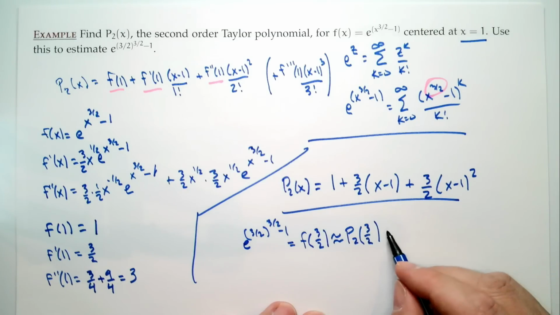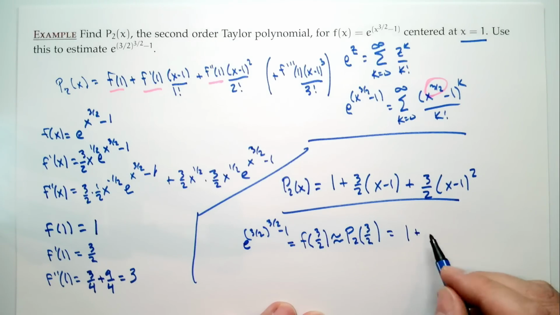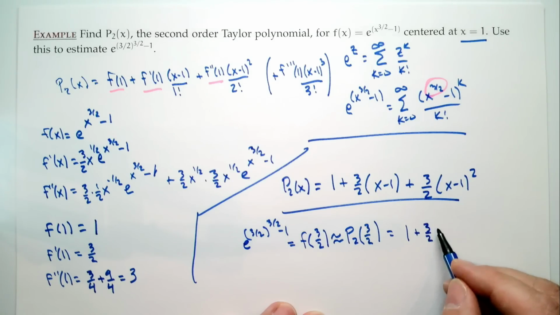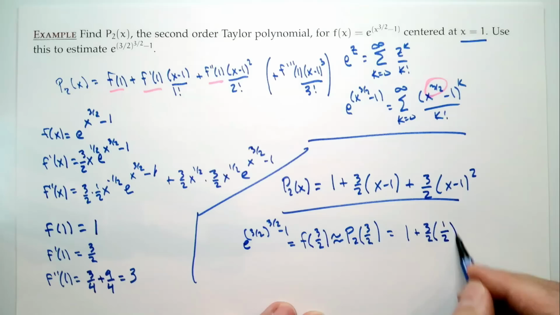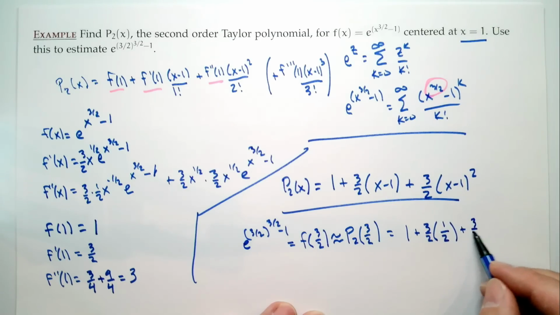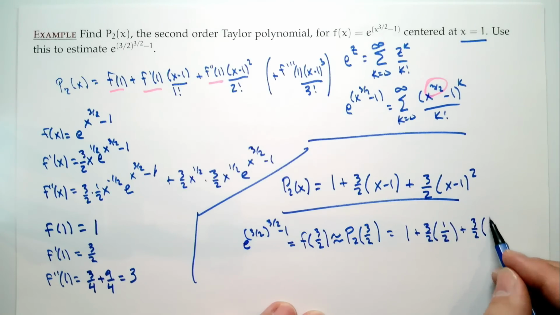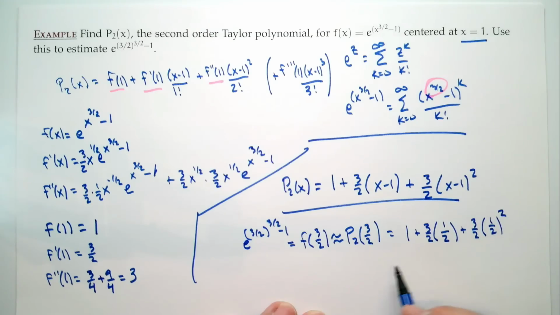So that becomes 1 plus 3 halves times 3 halves minus 1. Well, that's a half, plus 3 halves times 3 halves minus 1, which is a half, squared. Or 1 plus 3/4 plus 3/8. Write this all over 8s. Now, you're wondering, do you need to simplify?